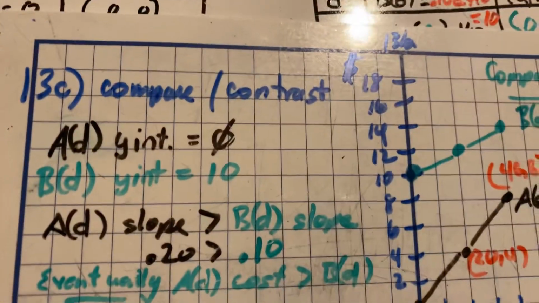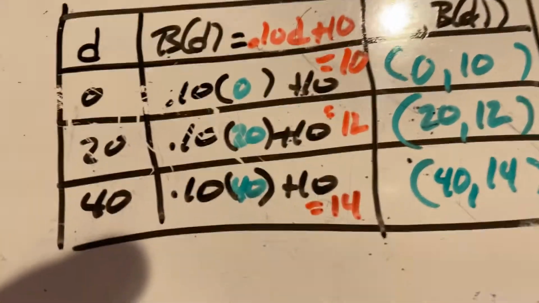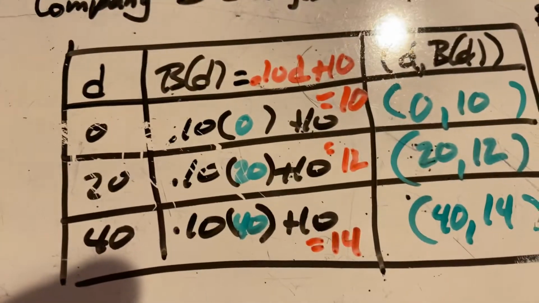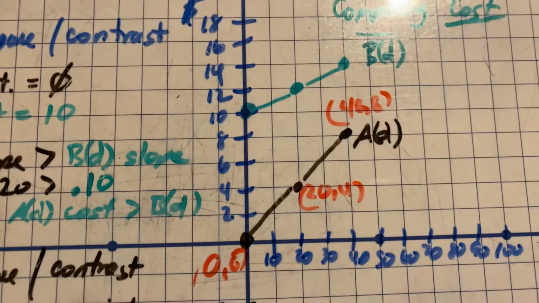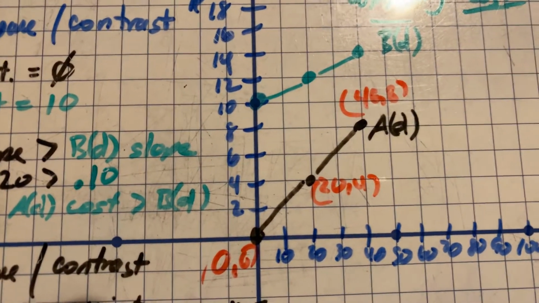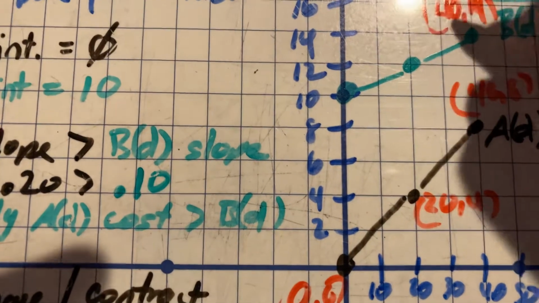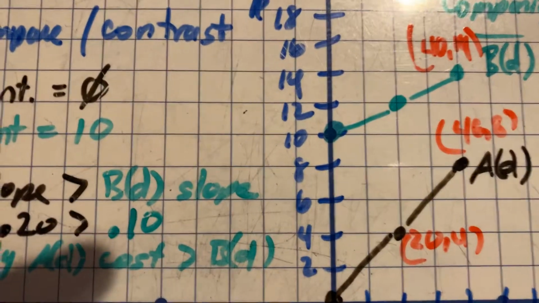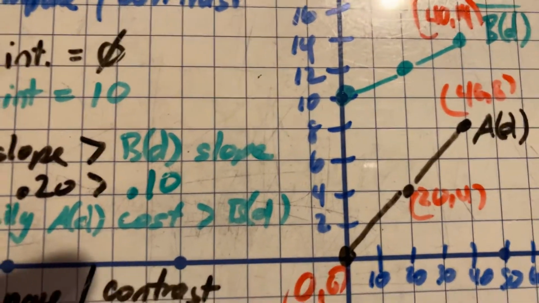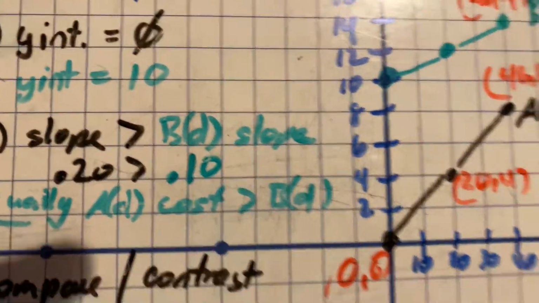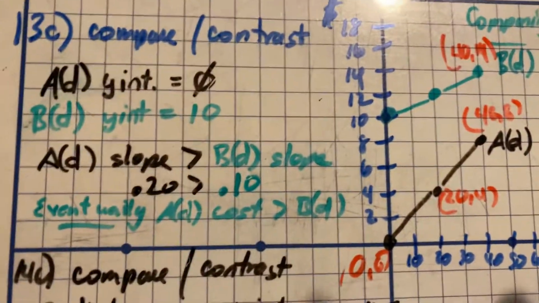And the second line, I have 0, 10, 20 goes to 12, and 40 goes to 14. So again, 40 goes to 14. I'm just going to write it right above here. Sorry, I'm not switching markers. Okay. And 0, 10 is right here.